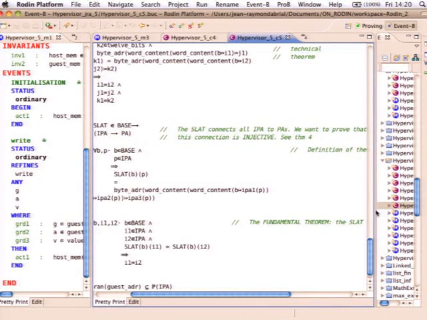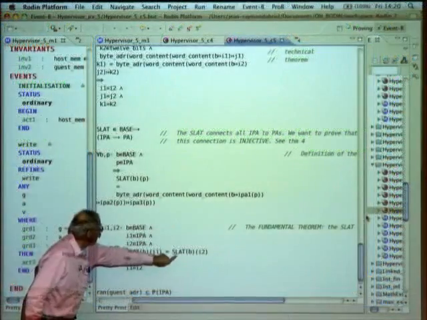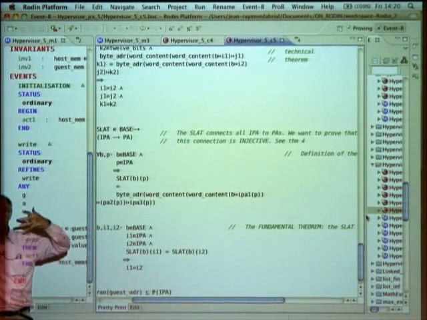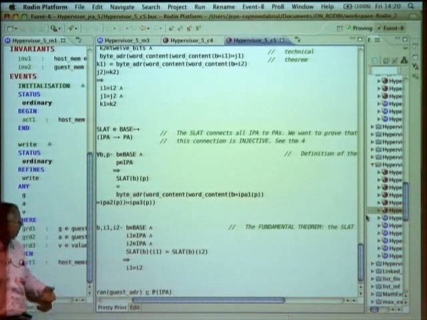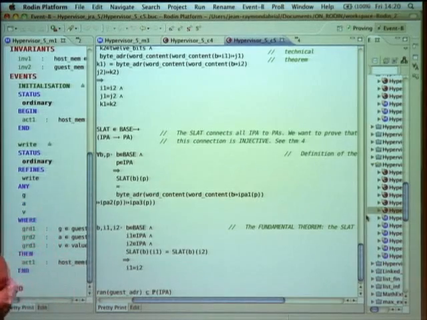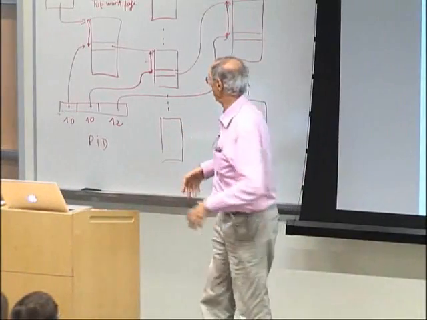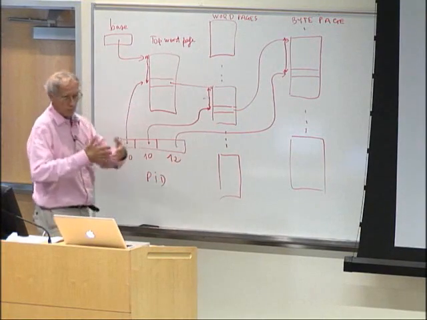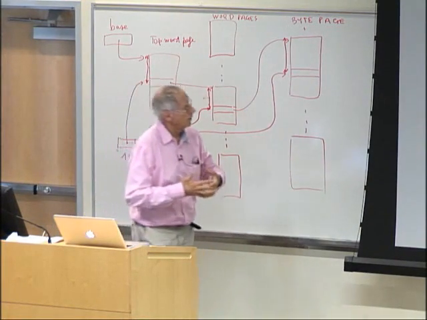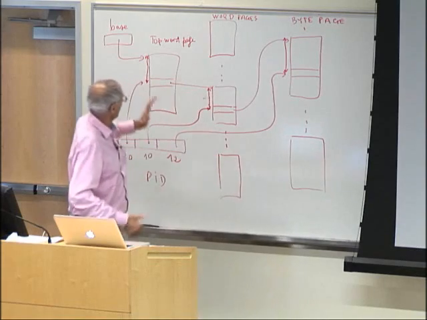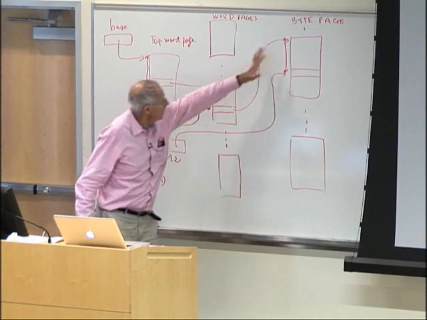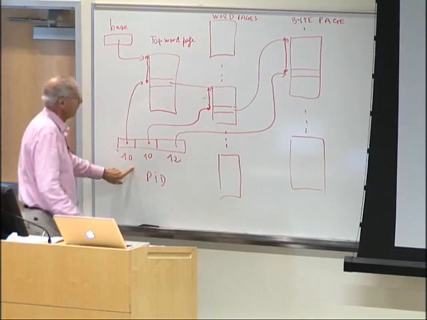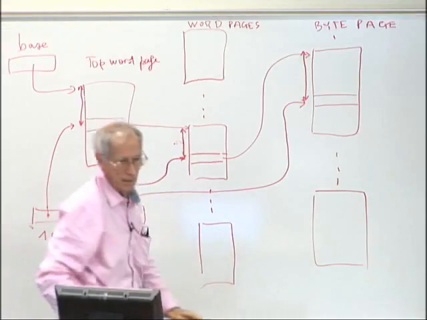If slat B I1 equals slat B I2, so if the correspondence is the same, then I1 is equal to I2. So I've proved by being very carefully here with those injection that this entire thing corresponds to a one-to-one correspondence between this and this.